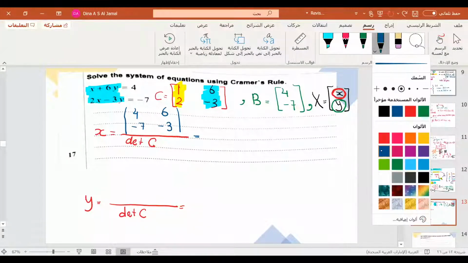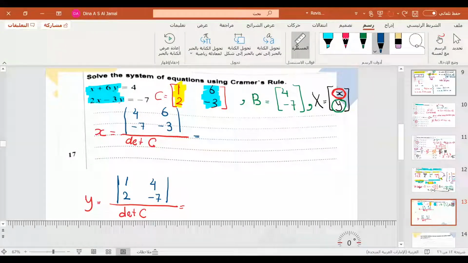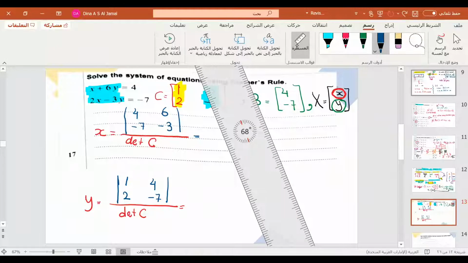So let's think of it. You will put 1, 2, and then you will remove 4 and -7. So let's take a place here to find the determinant of C.